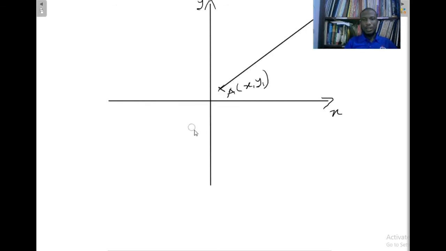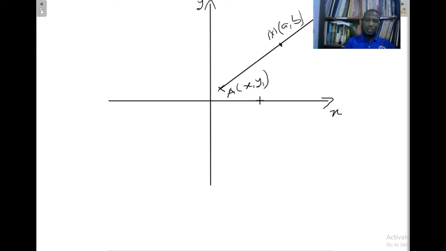Okay, so this is my line AB, and I decide to find a middle point here. And let's call it M, with coordinates, let me call it A, B as the coordinate.